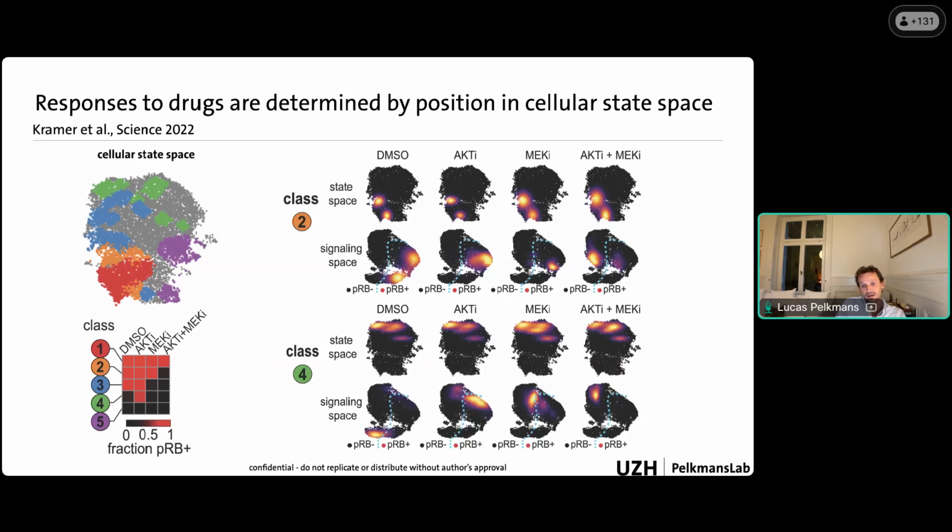As you can see, these are actually typically phospho-RB negative upon stimulation with EGF, but interestingly, when we inhibit AKT, depending on this state, they will actually end up becoming phospho-RB positive. So this is of course bad news, because it means that we induce cells that are normally not cycling to re-enter the cell cycle upon inhibition of AKT.